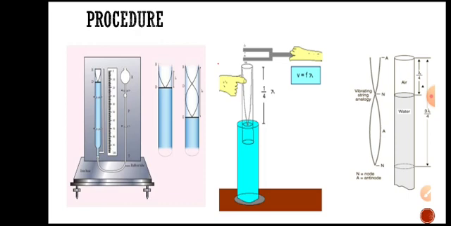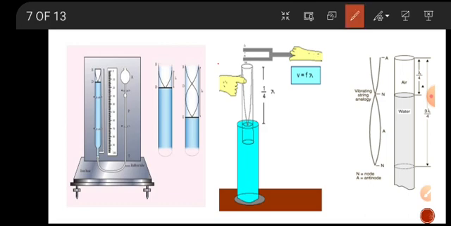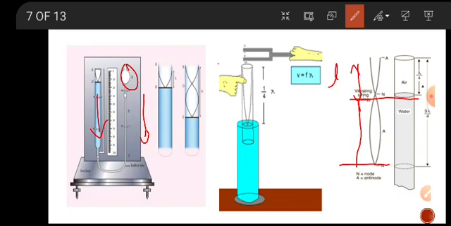So first, for example, you heard the first sound at this length. Now you take the reservoir down, so the water level decreases, then you hear another length. Say this is L1 and this one is L2. The second time you hear a large sound, you have to repeat the same experiment.